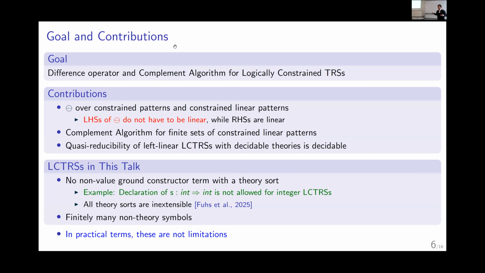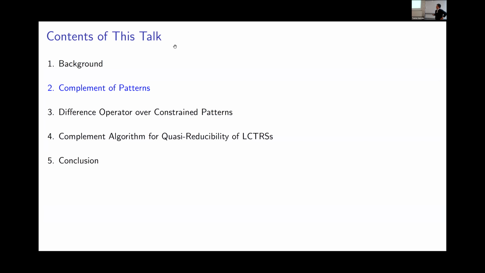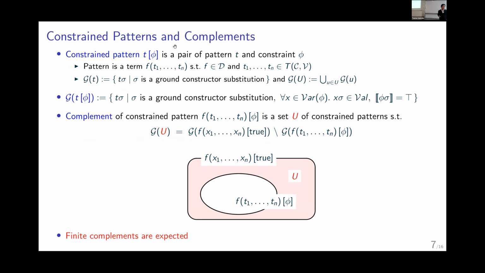That is very natural because in programming languages we can't declare such constructors. And we assume that the non-theory signature, the user-defined part of the signature, is finite. I think this is also very natural because when we write a program, the number of user-defined symbols is finite.